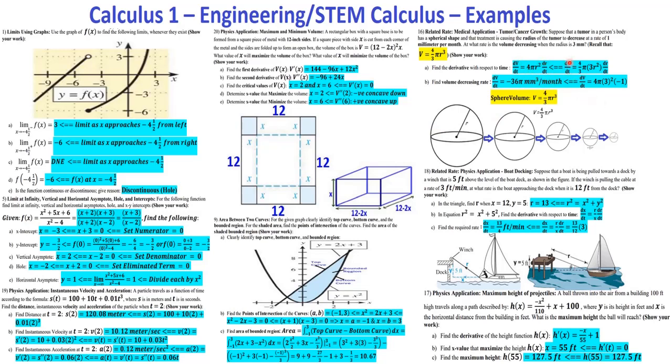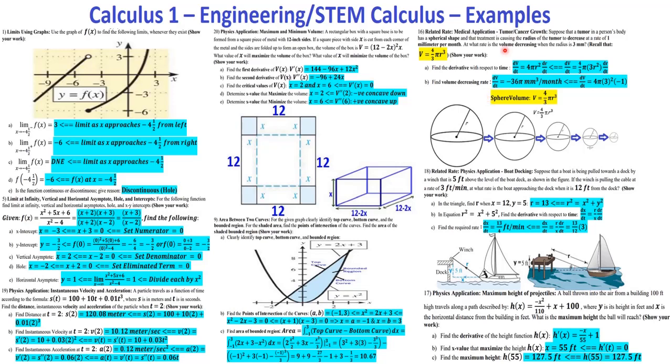To find dV by dt, simply substitute the r and dr by dt. We know r is 3, dr by dt is minus 1. So that will give you dV by dt is minus 36 pi millimeter cubed per month.